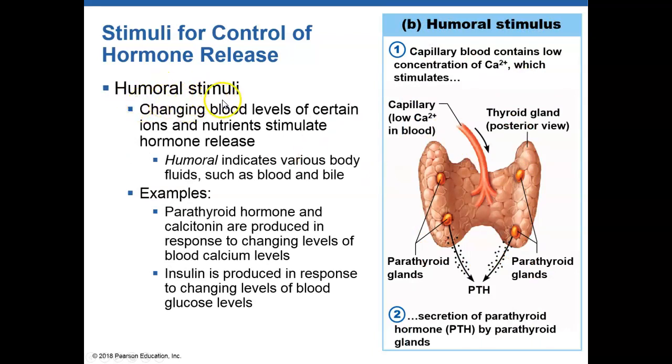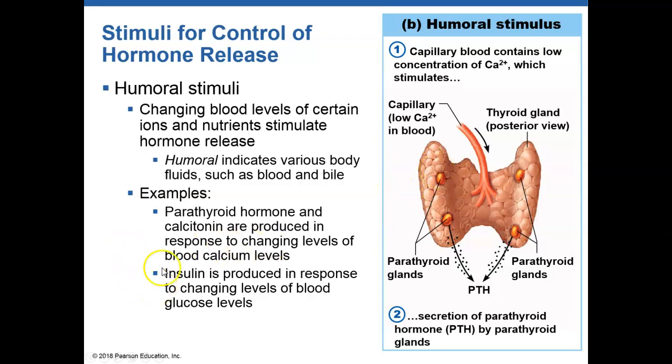Humoral release, then, occurs when we have changes within our blood of certain ions. When we think of humor, think of body fluids, and the main one that we talk about is blood. So if we have low levels of, say, blood calcium, which is what this is showing, then that's going to stimulate the parathyroid gland to increase blood calcium levels.